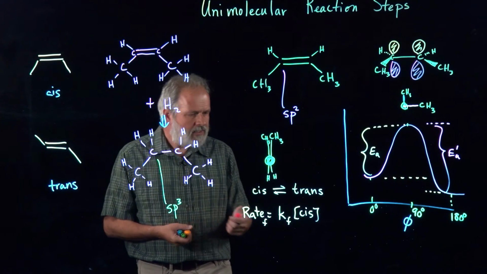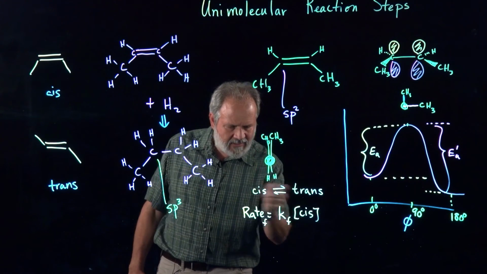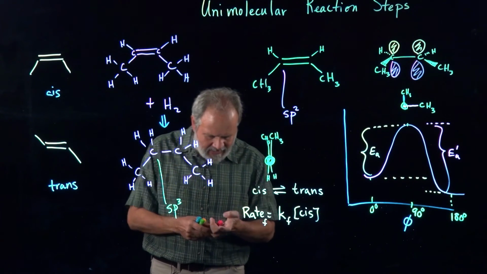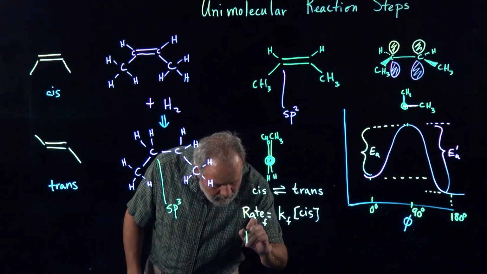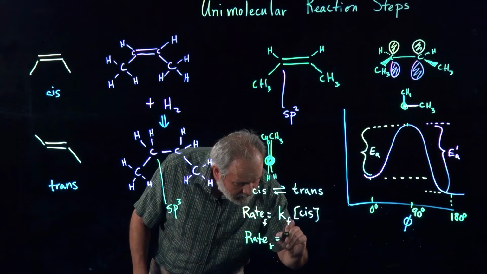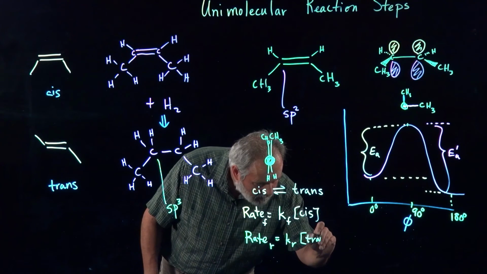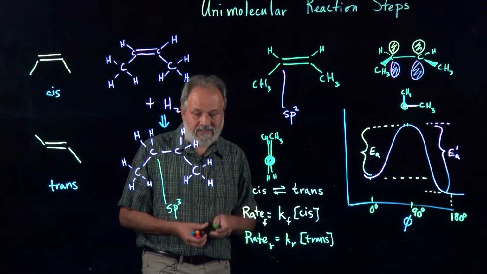All right, so for the reverse reaction, since it's one trans converting to one cis, it doesn't matter what the product is. Since there's one trans, the rate of the reverse reaction, which I'll call rate R, depends on the number of transes.